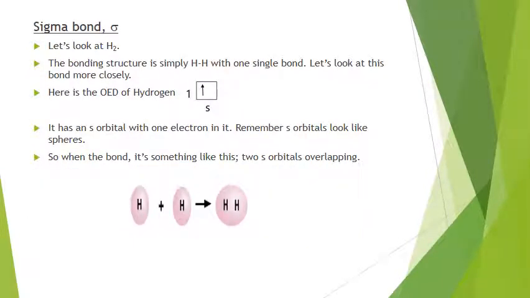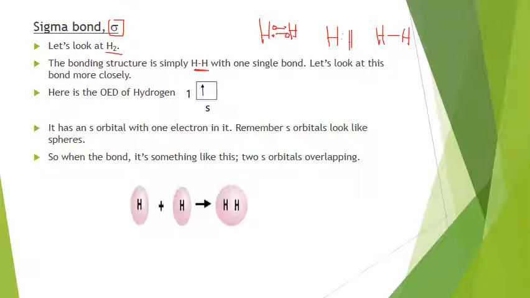The sigma bond is represented by the Greek letter sigma. The way we're going to look at that is H2. If we did the dot method, we have 2 hydrogens, and they fill, and you get this structure, which we can just represent as a single bond.